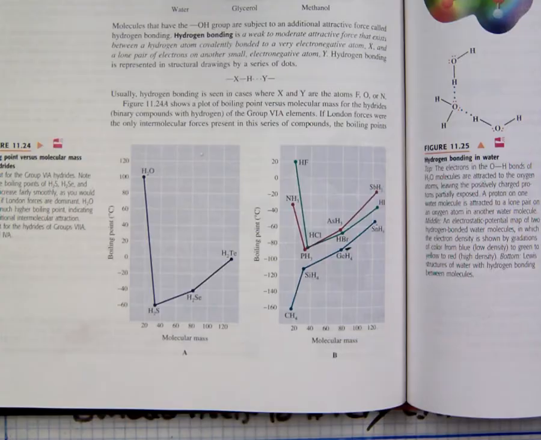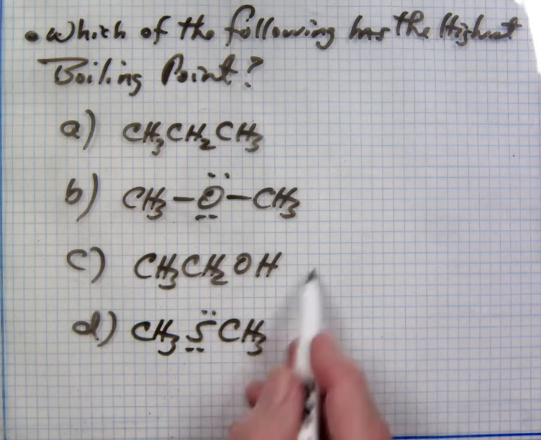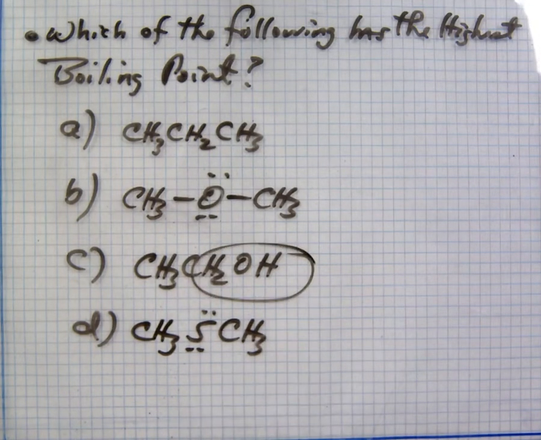Now I'll show you a question for you. Which of the following has the highest boiling point? Okay, now you may not know a thing about any one of the molecules, but you only need to know one simple thing. Which of these has hydrogen bonding in it? And that's the choice here. The hydrogen bonding in here is a result of the interaction of hydrogen with another ethanol. This ethanol, hydrogen will interact, and then this is covalently bonded back here.